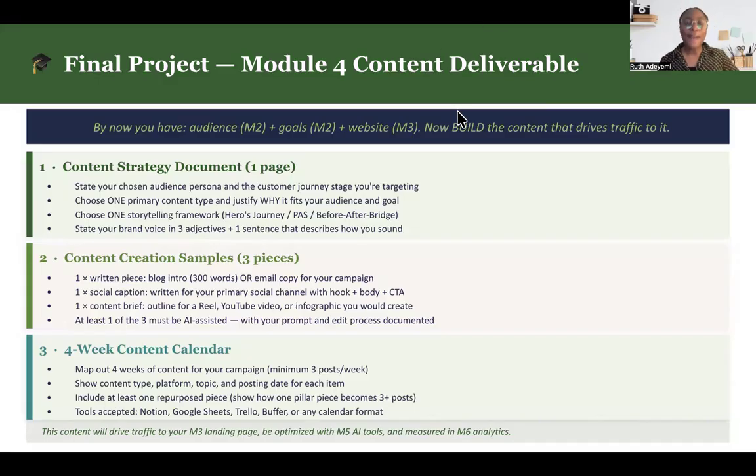And then finally, for your final project application, again, as you begin to work on it, have a content strategy document. Then start to put together your content samples because you're going to need it. I have it here as a recommendation to put together a 4-week content calendar, but you get to decide how long you want your campaign to run for. This is just an example.